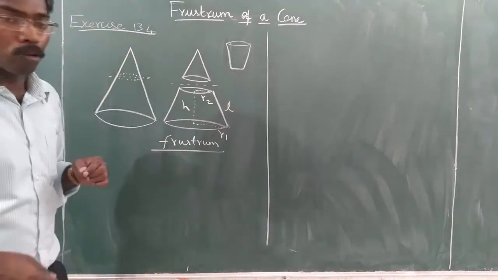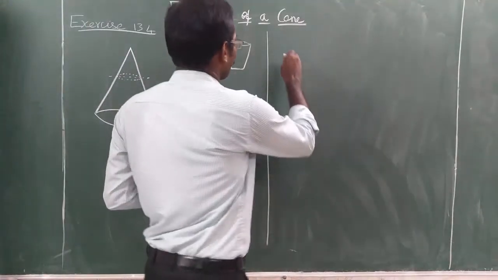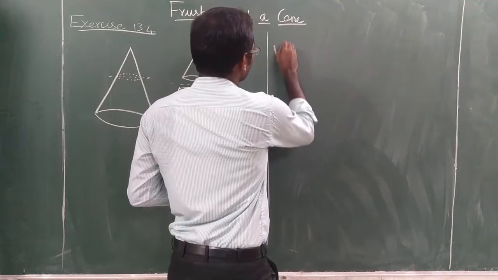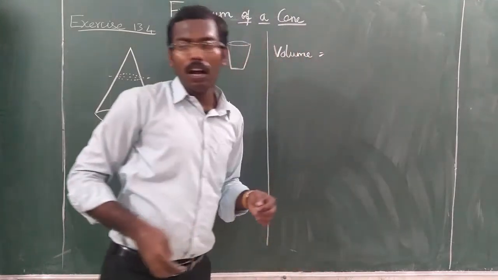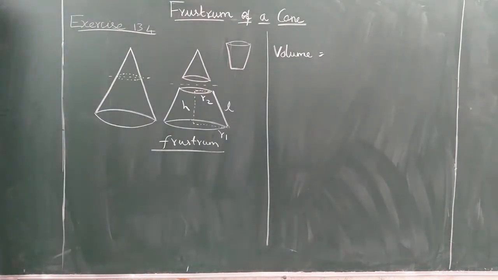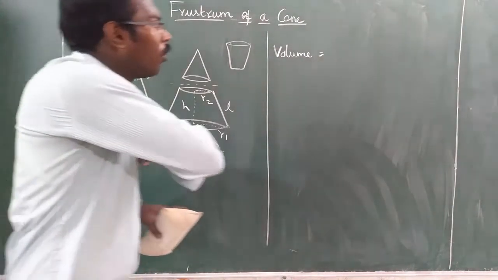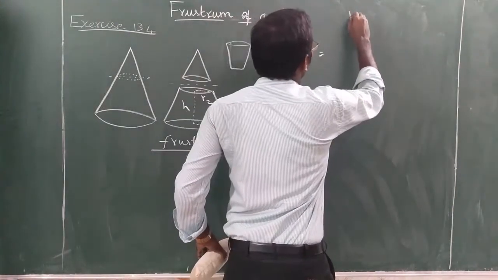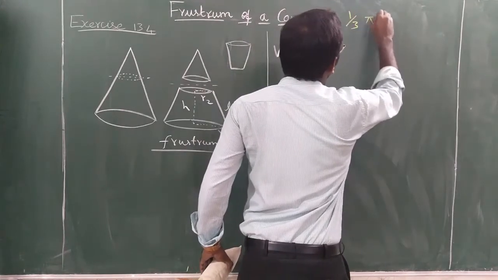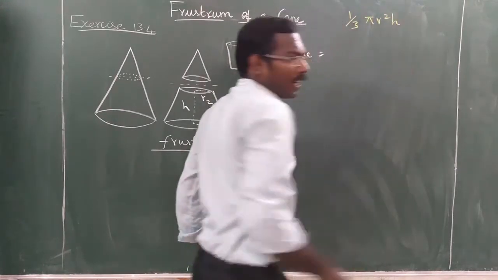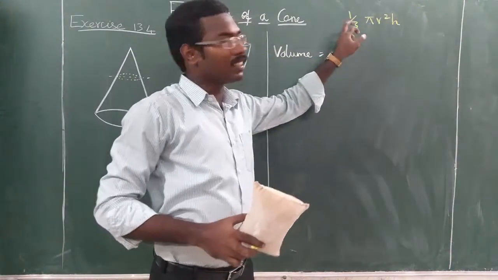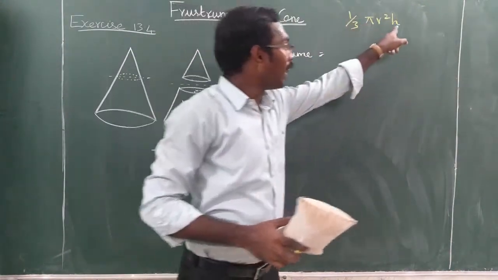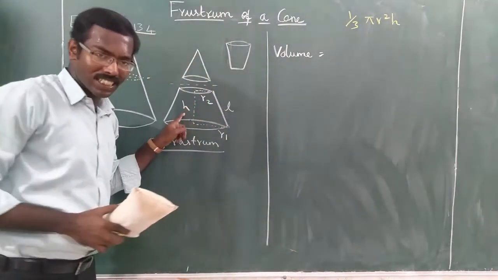For example, first volume. Volume of a frustum. Normally the volume of the cone is 1 by 3 pi r square h. This is the volume of the cone. 1 by 3 is a constant, pi is a constant, and h is there.